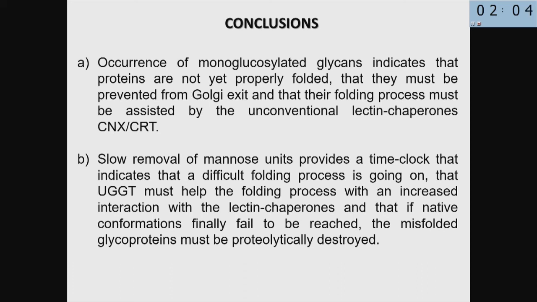And that slow removal of mannose units provides a time clock that indicates that a difficult folding process is going on, that the glucosyltransferase must help the folding process with an increased interaction with the lectin chaperones, and that if the native conformation finally fails to be reached, the misfolded glycoproteins must be proteolytically degraded. Thank you very much.